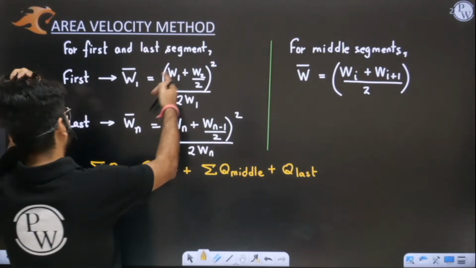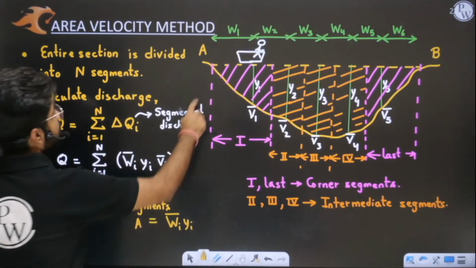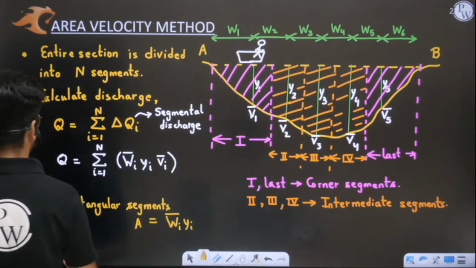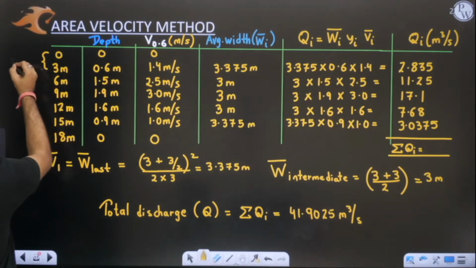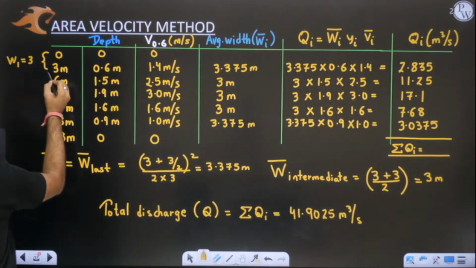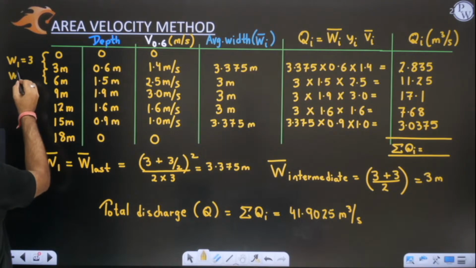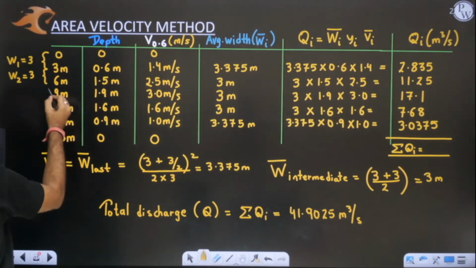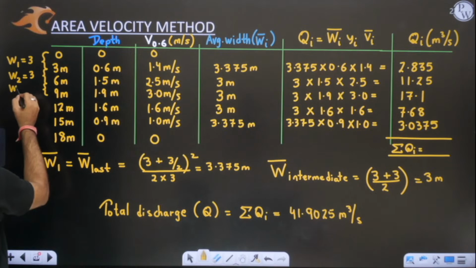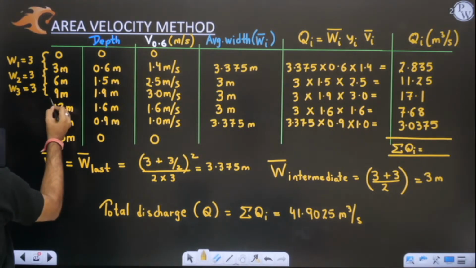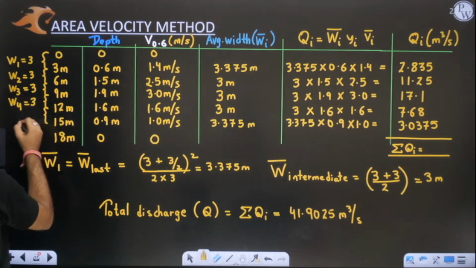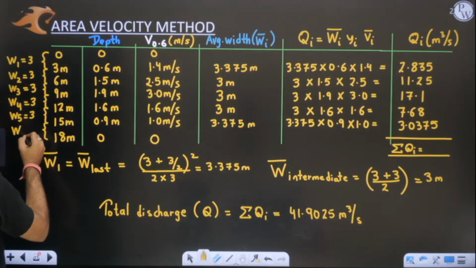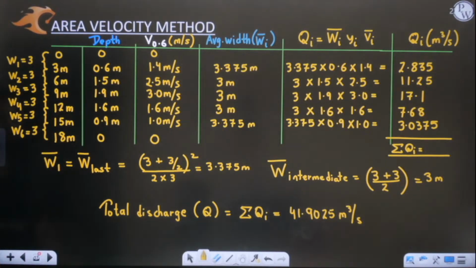W1, W2 and so on are given to you. W1 is equal to 3. The second interval, which you have moved, is 3 meter again. W3 is 3 meter, W4 is again 3 meters, W5 is 3, and at last W6 is also 3.